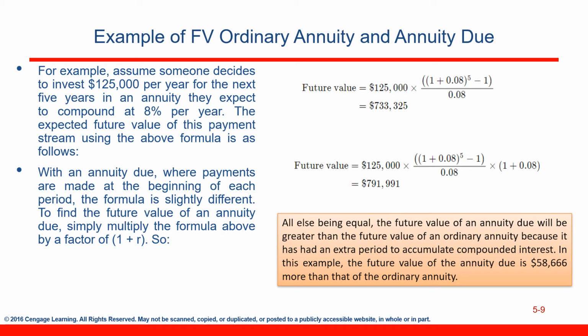But since there is payment at the beginning, multiply it again with 1.08. So our future value annuity due is 791,991.